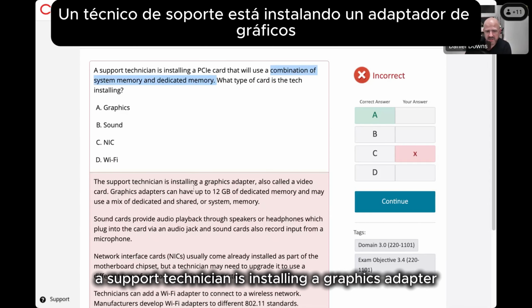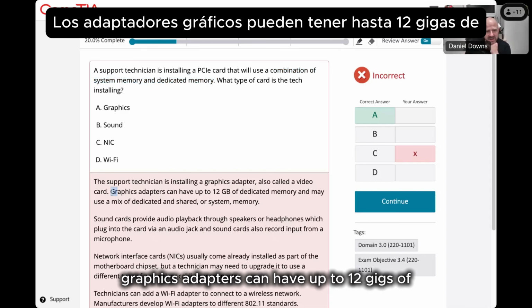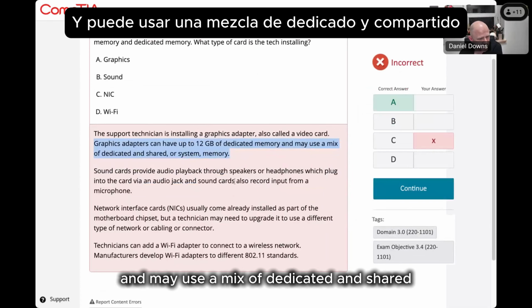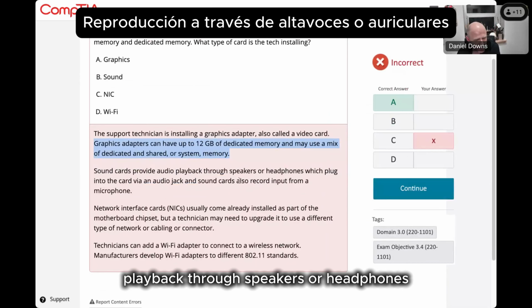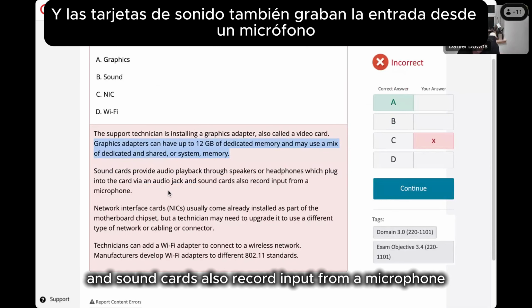Graphics adapters can have up to 12 gigs of dedicated memory and may use a mix of dedicated and shared or system memory. Sound cards can provide playback through speakers or headphones, which plug into the sound card via an audio jack, and sound cards also record input from a microphone.